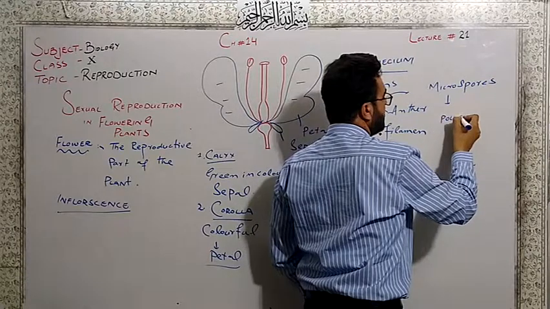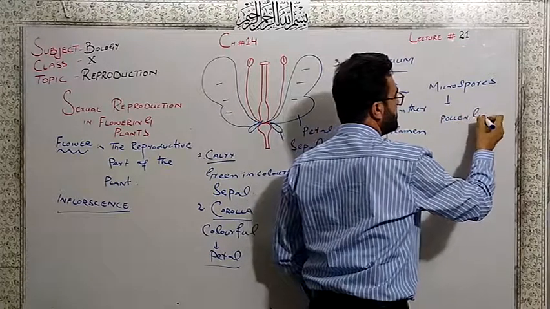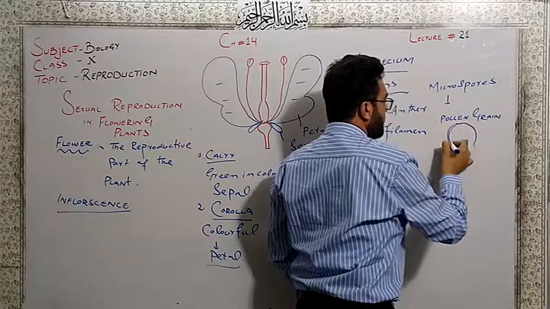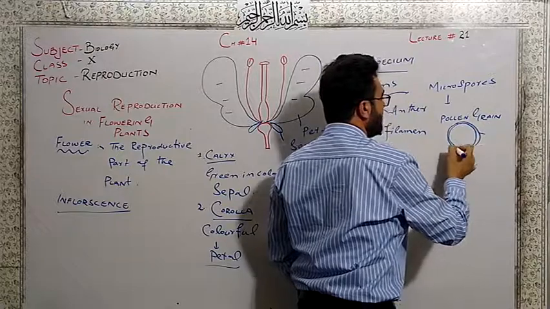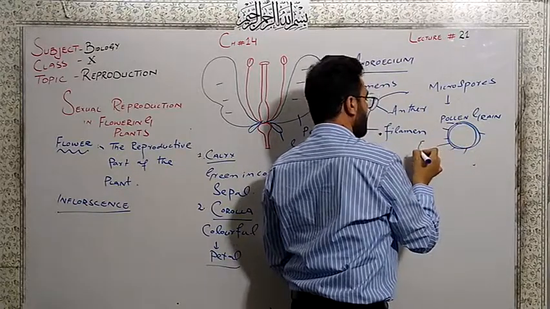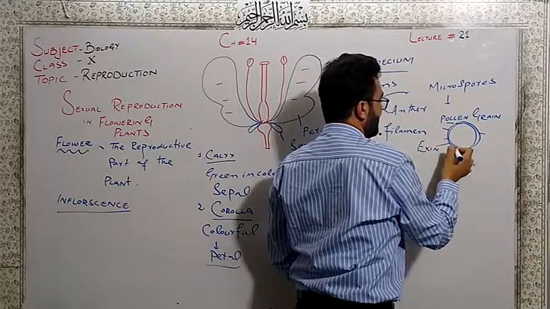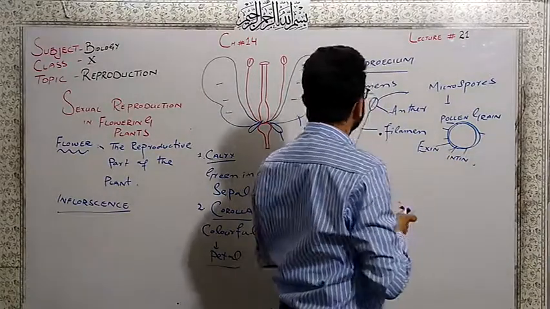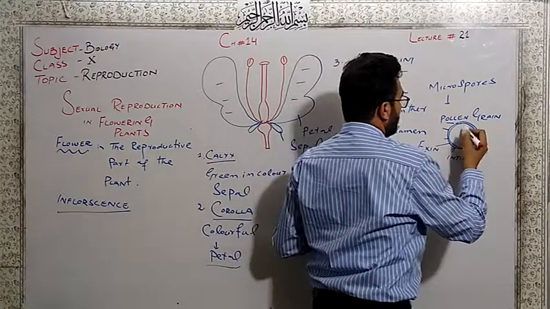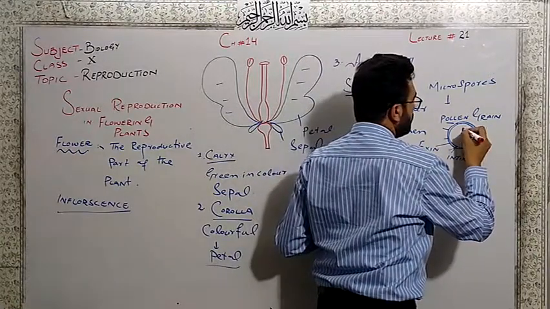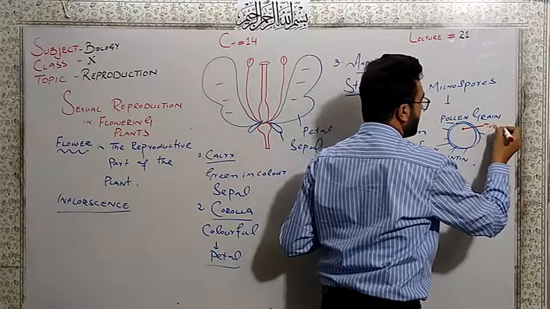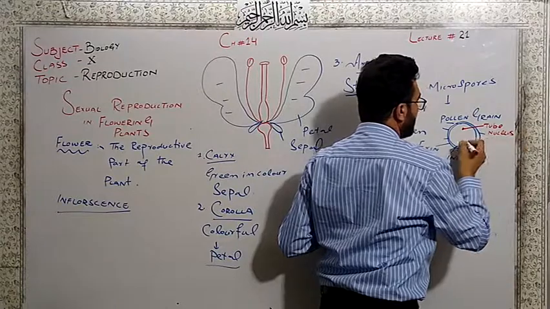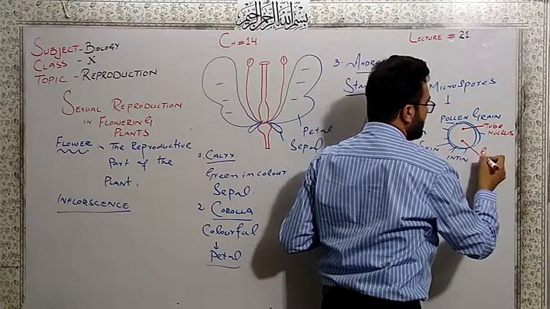This pollen grain consists of two nuclei. It has two coverings: one external, called exine, and one internal, called intine. The two nuclei are the T nucleus or tube nucleus, and the G nucleus or generative nucleus.